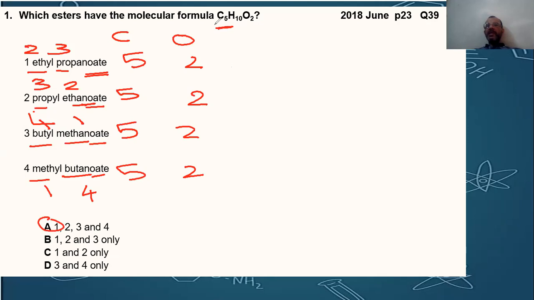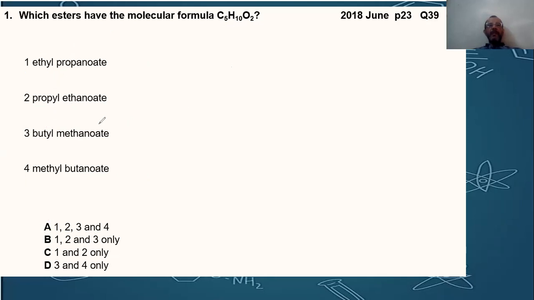But now let's draw one of them. Number 2, propyl ethanoate. Which one are we going to start with? Ethanoate first. Ethane means 2 carbon atoms. So I draw here 1 and 2. Oate means double bond.